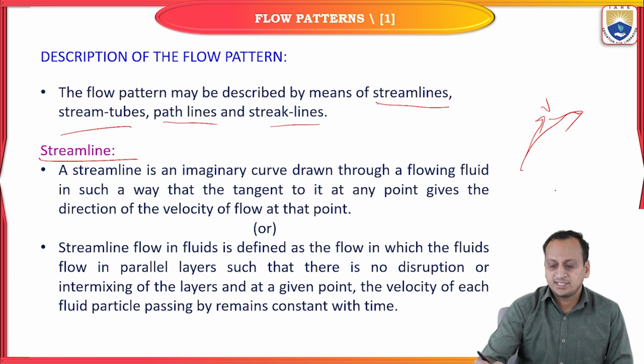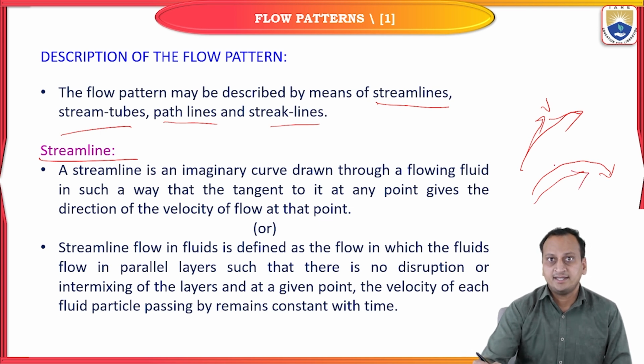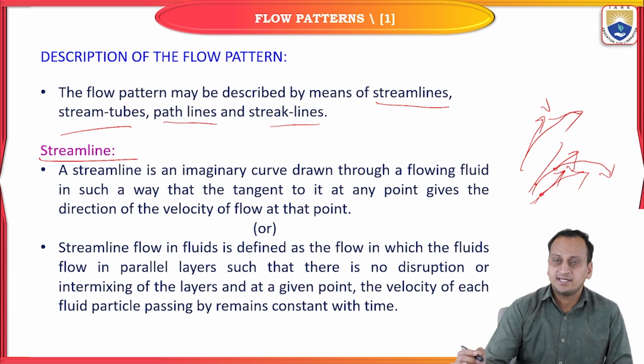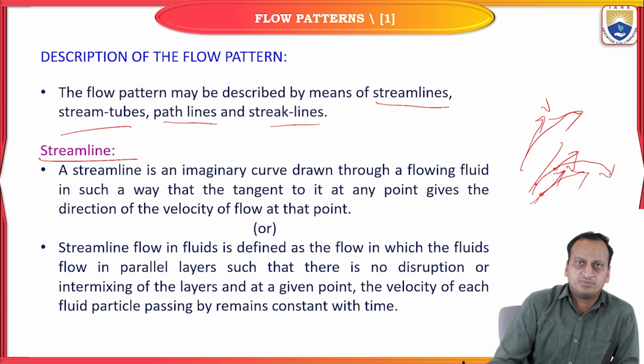If one fluid particle is moving in this way, or another is moving like this, a tangent at any point on the curve will give the direction of velocity of that particular fluid particle.